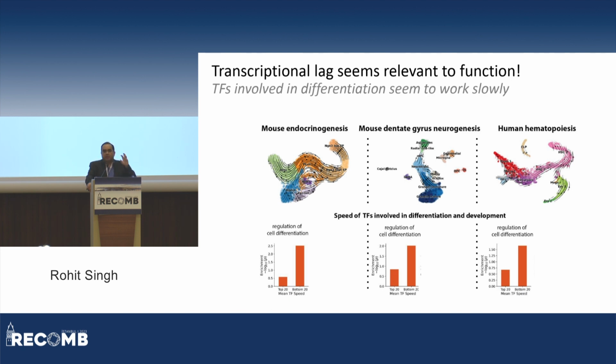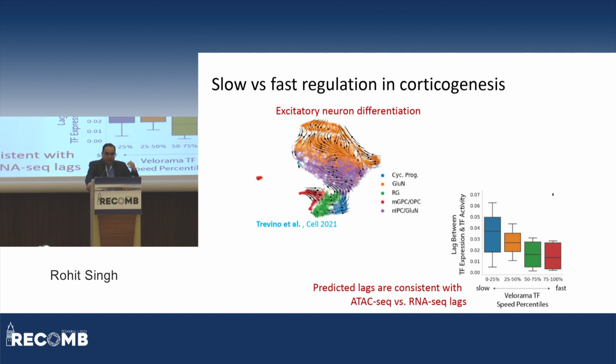Here, we performed our analysis and identified transcription factors that are fast and slow. Turns out the lags that we estimate are consistent with the lags that you could estimate using, say, chromatin accessibility versus gene expression. So that gives us some comfort.